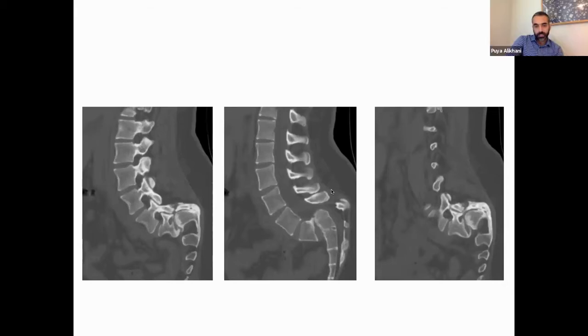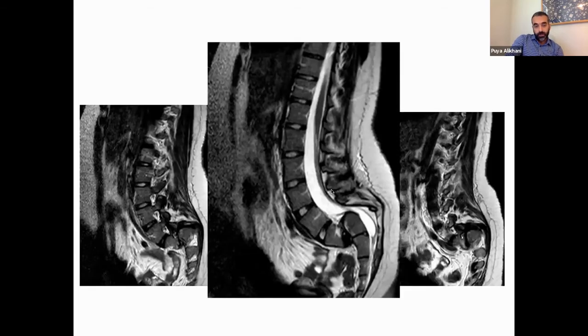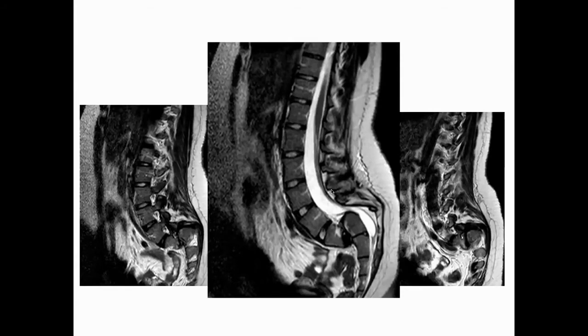As you can see, the L5 is sitting anterior to S1. She has had a complete MRI to make sure there is nothing else missing, and she has minimal radiculopathy, so her L5 is working fine. It's just a severe amount of back pain.